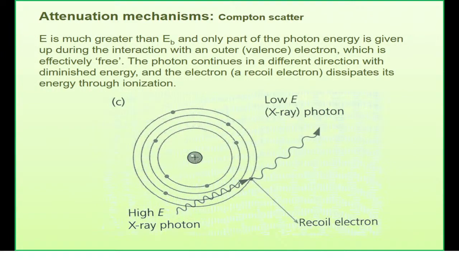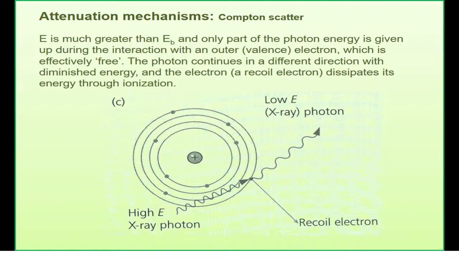The third attenuation mechanism is the Compton scatter. It will happen when the energy of the X radiation photon is much greater than the binding energy of the electrons in the material atoms.